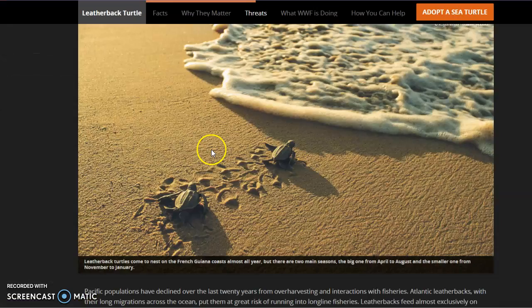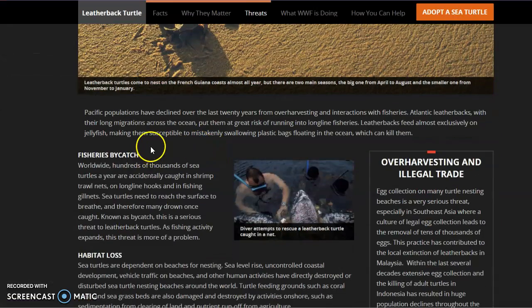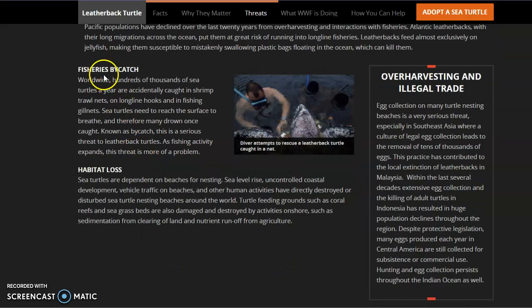Okay, the threats are fisheries, they're getting caught in the nets of fishermen, which is what fishery bycatch means. They're losing their habitat, and they're being over-harvested by illegal trade. Here it says egg collection on many nesting beaches is a very serious threat, especially in Southeast Asia, where a culture of legal egg collection leads to the removal of tens of thousands of eggs.